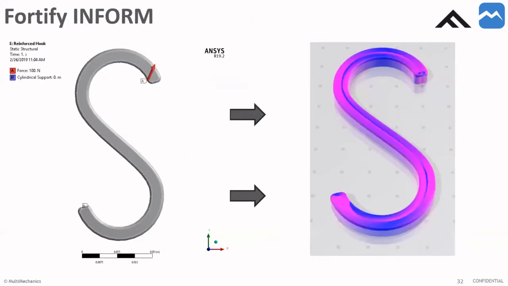We run this analysis in ANSYS just as a homogeneous isotropic material in a static structural case. We do that just to get a sense of the stress field before we really do anything else. We can take that result and, like I said before, import it into our Inform software. The result of that is what you see on the right, and this file is fully printable at this point.